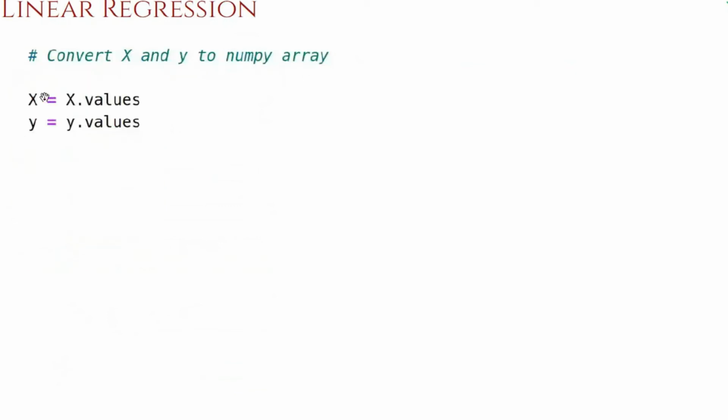We are just going to pick the x and y and take them as a NumPy array. So far we were dealing with the pandas data structure, but instead you can have it as a NumPy array. We just call x dot values and y dot values, and you end up with a NumPy array.